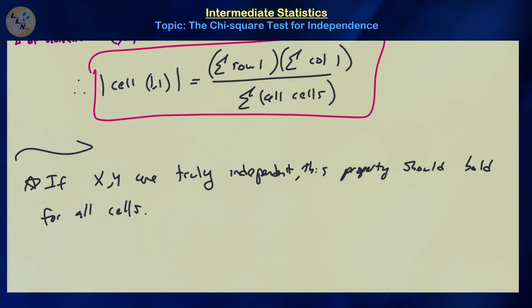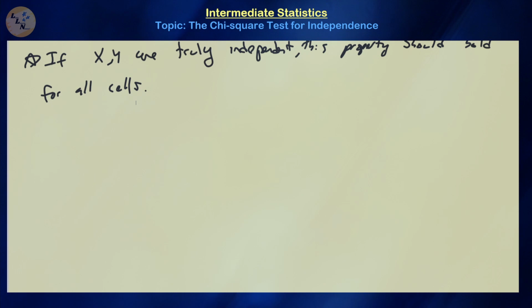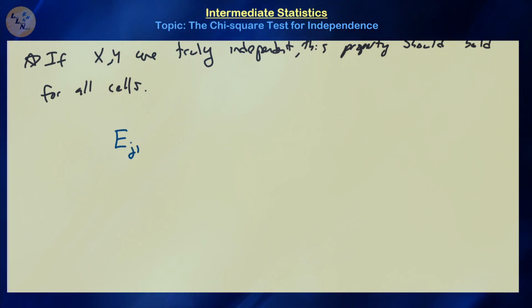And now you can sort of see how I can expand this to more than two events and more than two outcomes, right? So now I'm going to define this next term, which is the generalization of that box term. This is going to be represented as E subscript jk. So j is going to be the row number, and k is going to be the column number.